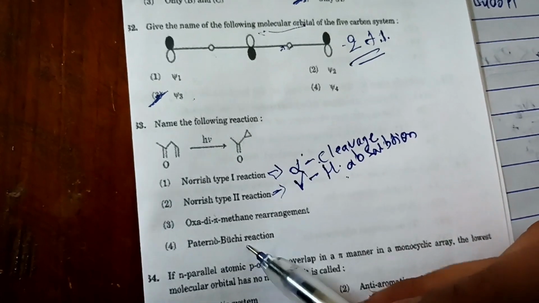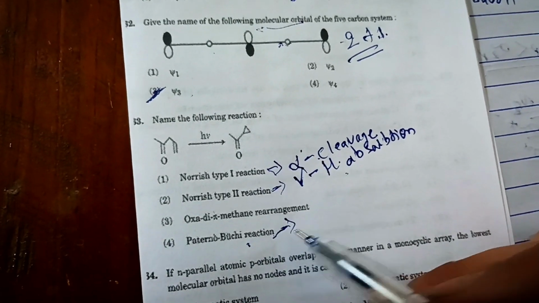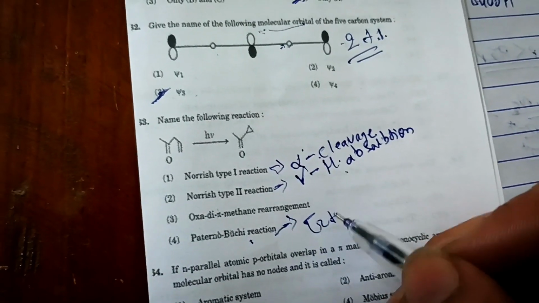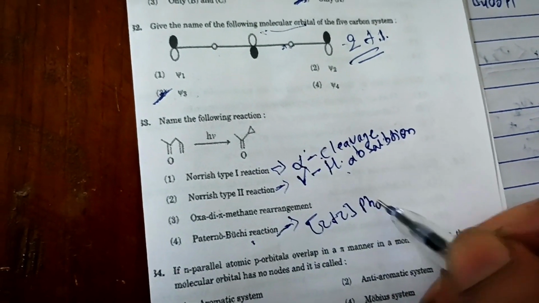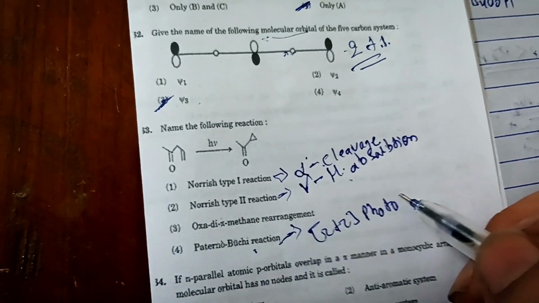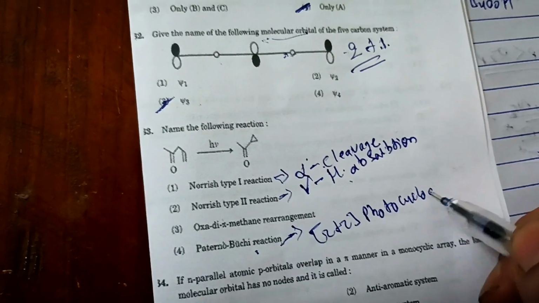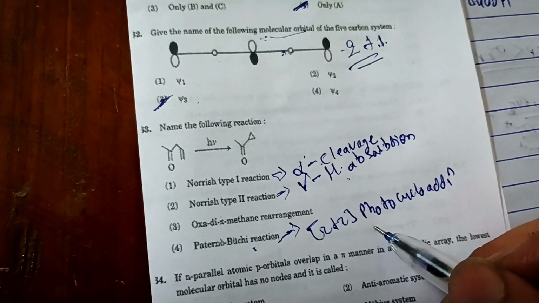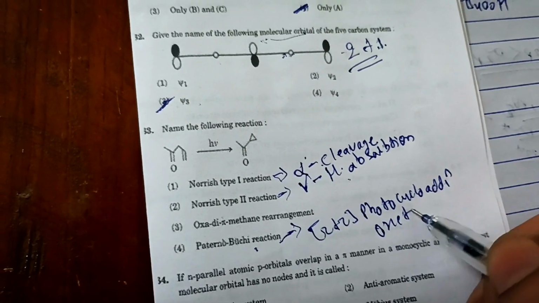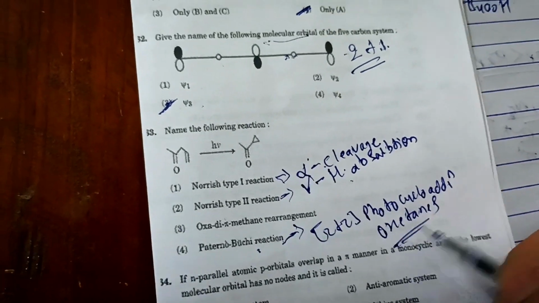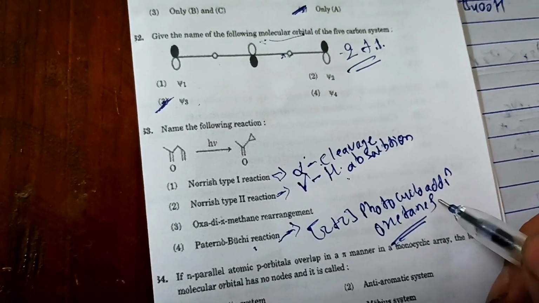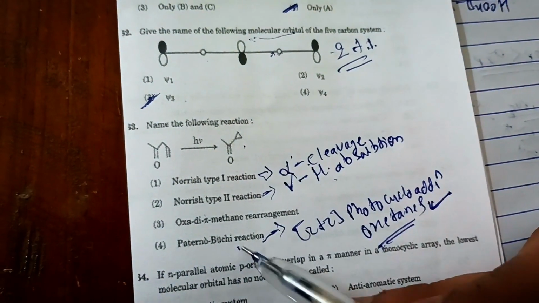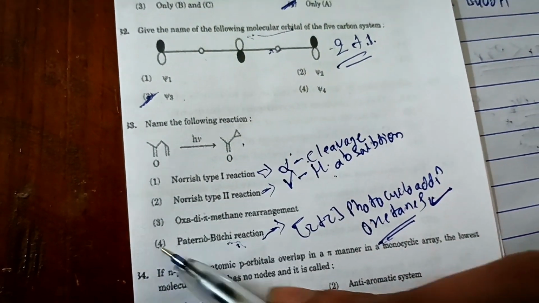And for the Paterno-Buchi reaction there will always be a 2 plus 2 photocycloaddition. Here there will be formation of oxetanes, so oxygen is mandatory. If there is formation of oxetanes, then 90% it will be a Paterno-Buchi reaction.